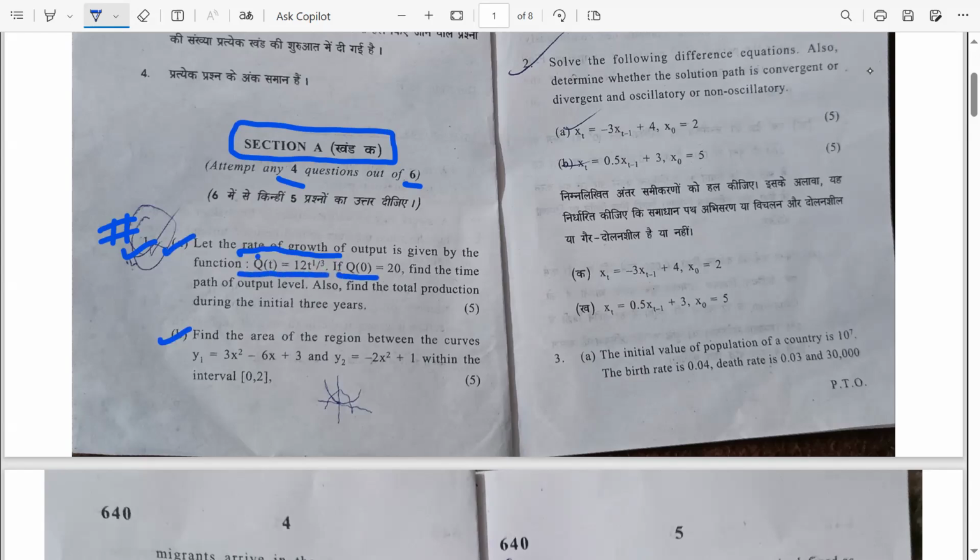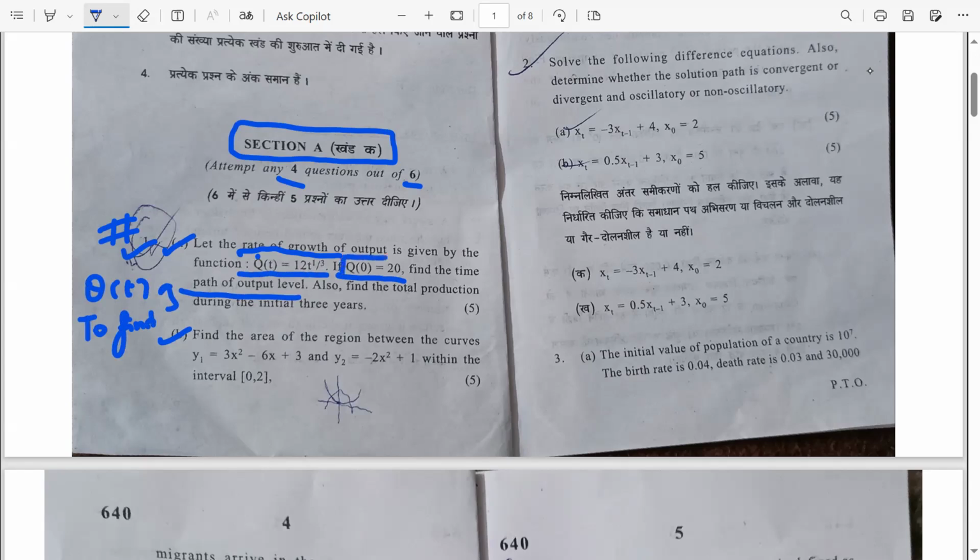And if Q of 0 is 20, find the time path of output level. So I need to find Q of T. We are given Q dot T, which is the rate of growth of output with respect to time, and we are given the initial value of output at time period t equal to 0, which is 20.